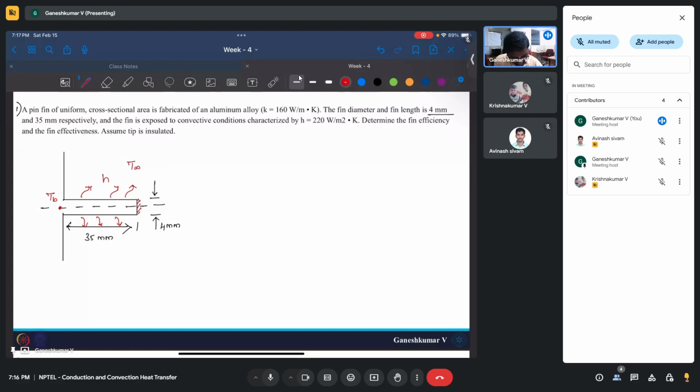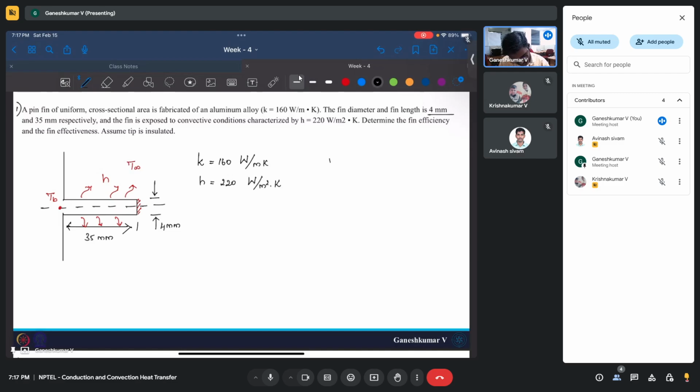You have thermal conductivity of 160 watt per meter Kelvin, and h of 220 watts per meter square Kelvin.